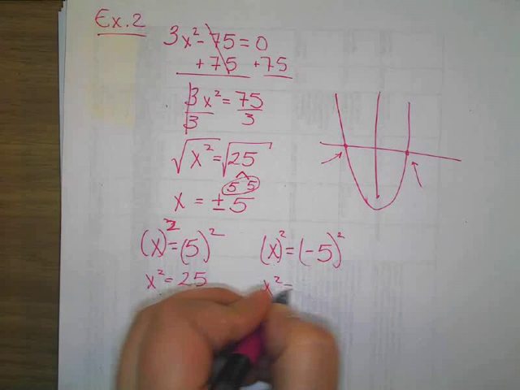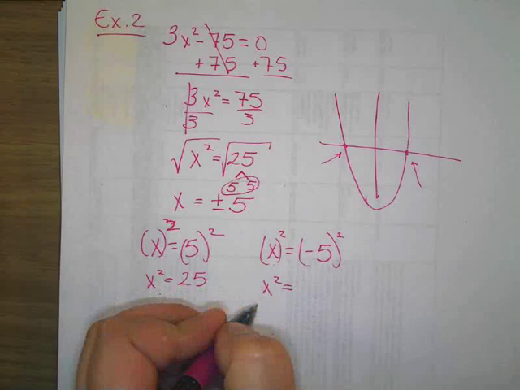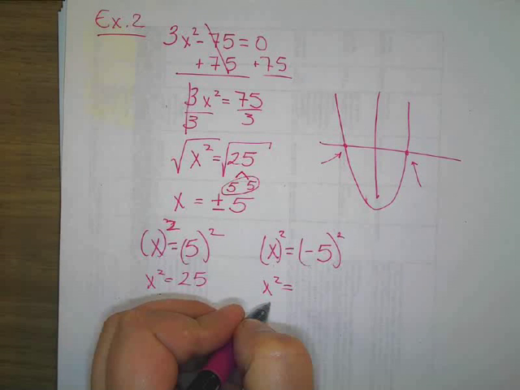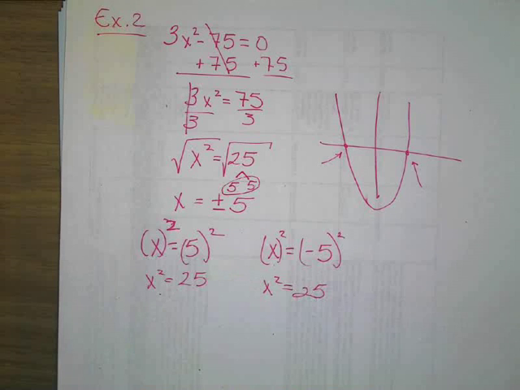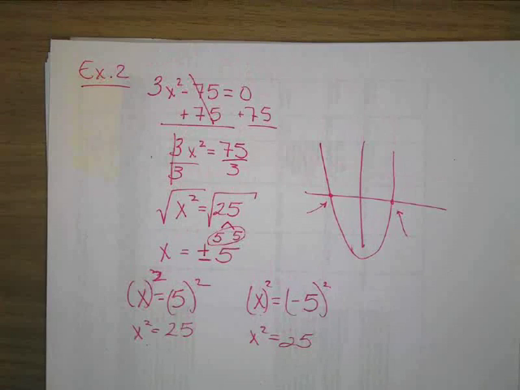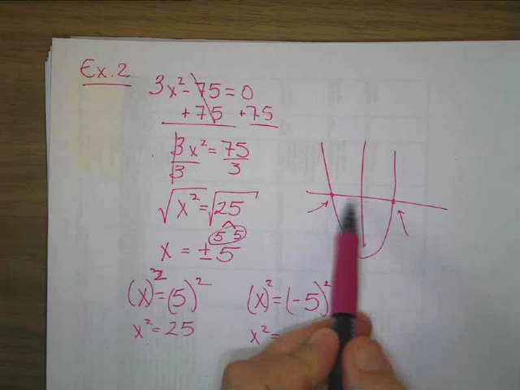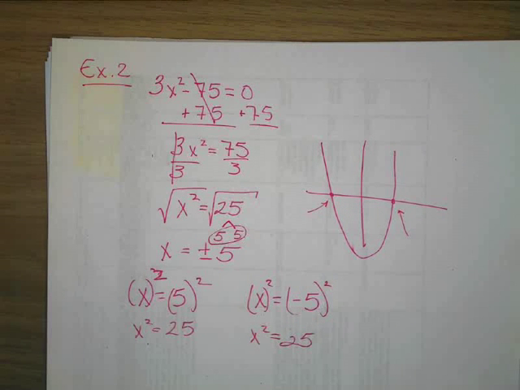X squared equals, negative times a negative is a positive. You get back to the same place. That's why you have both answers. And graphically, you have both answers because it happened twice. You cross the x-axis 2 times. So whenever you take the square root of both sides, you have to write plus or minus.